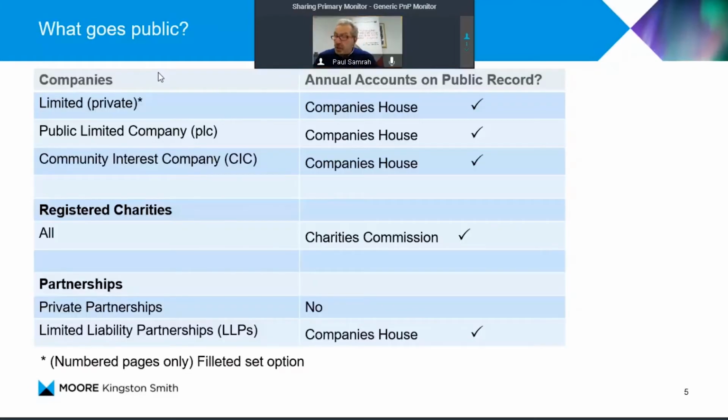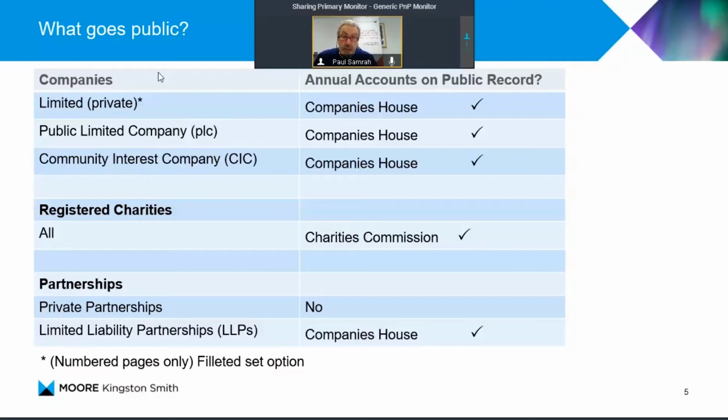And so we come on to what goes into the public domain. For private limited companies, public limited companies, and community interest companies, all the accounts are put on the company's Companies House file, and anyone can look at your accounts.